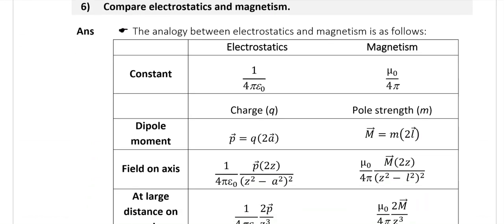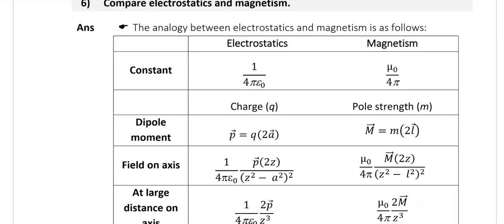And lastly, we have a comparison of electrostatics and magnetism. If you remember the equations of electrostatics, it is very easy to remember the equations in magnetism. Look at the comparison. The constant term which often appears in electrostatics is 1 by 4 pi epsilon 0. In magnetism, it is mu 0 by 4 pi. Whatever is the role of charge, it produces electric field, electric force.